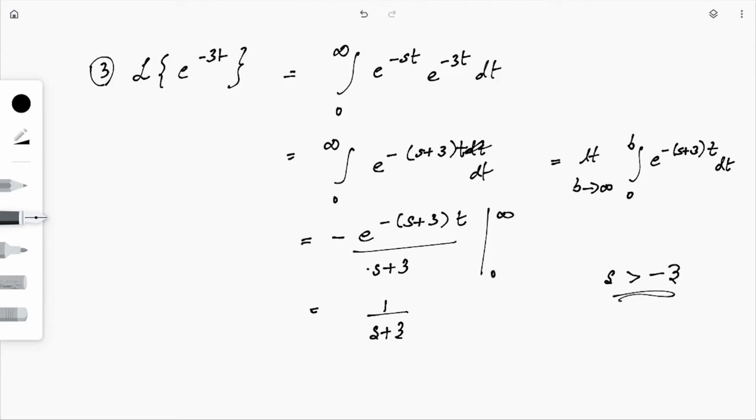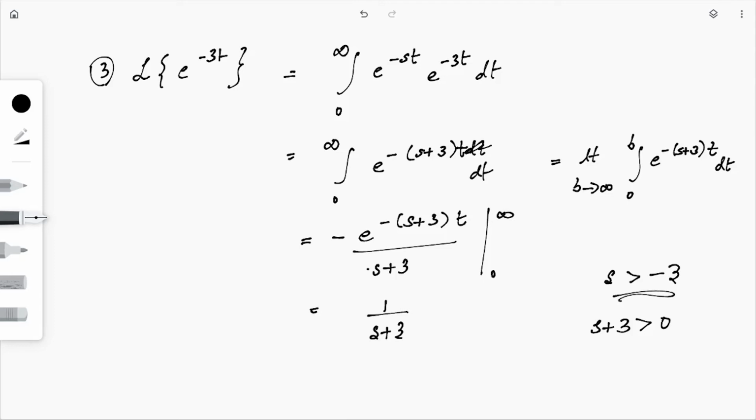So this is valid for s greater than minus 3, because this integral should exist if s plus 3 is positive. If it is negative, we'll have e raised to some positive value, and e raised to infinity goes to infinity. E raised to minus infinity is 0, but e raised to infinity is infinite itself, so that integral will not exist.